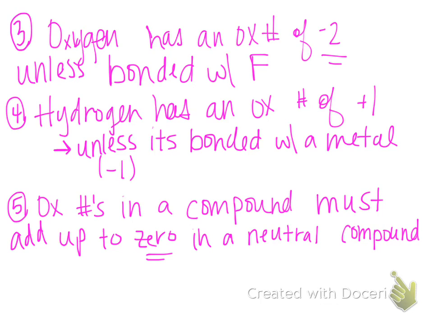So if our compound is neutral, has a 0 charge overall, that means our oxidation numbers need to add up to 0 overall. If our compound has a charge, then it must add up to the charge. Okay, that's our next rule.